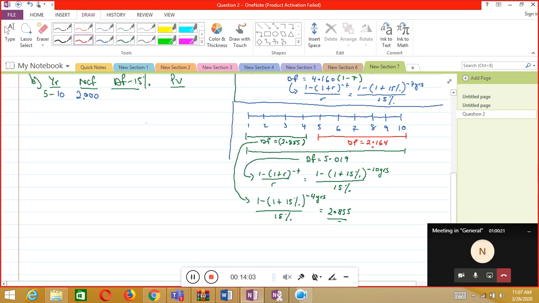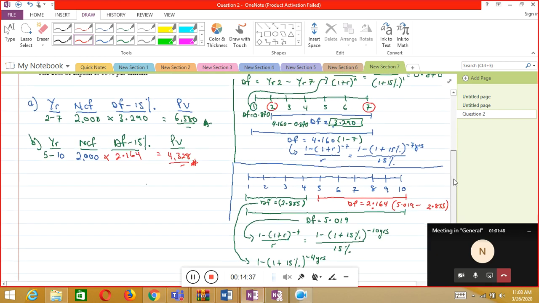Okay, so how I got this answer is 5.019 minus 2.855. So that's how I get this answer, 2.164. So you guys times, that will give you the present value. So you'll get 4328. Check guys, is that correct?